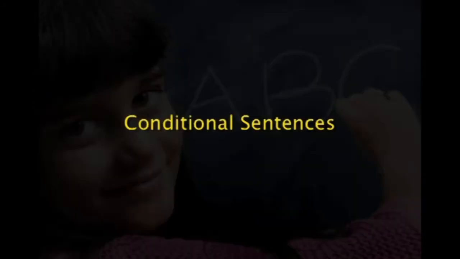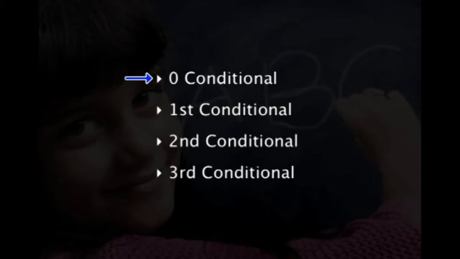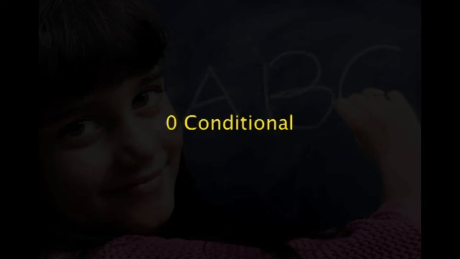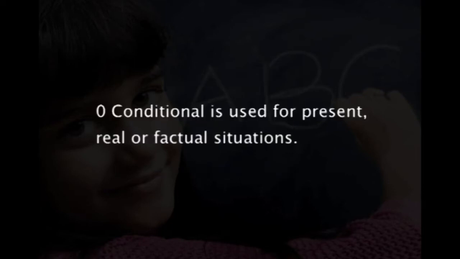Now let's look at conditional sentences. There are four conditionals, known as zero conditional, first conditional, second conditional and third conditional. Now let's look at each one with examples. Zero conditional. Zero conditional is used for present real or factual situations.